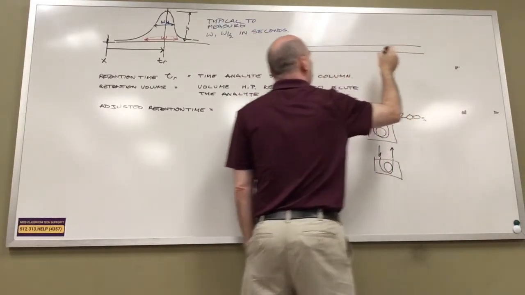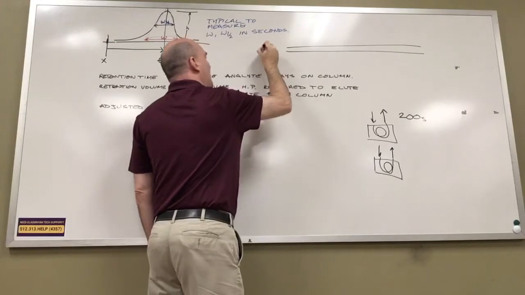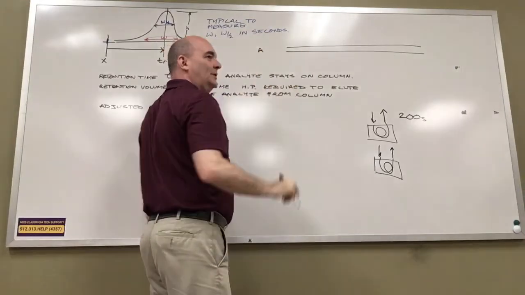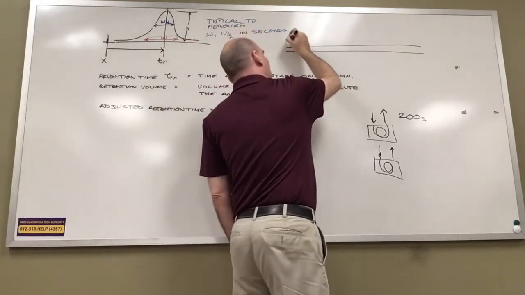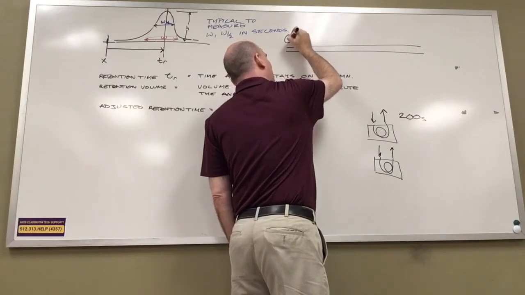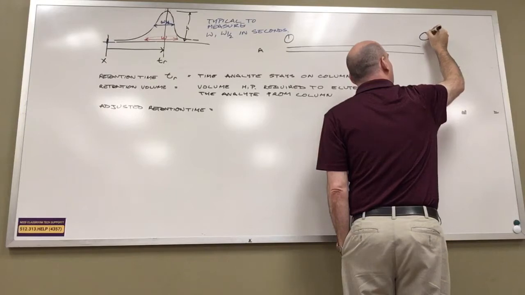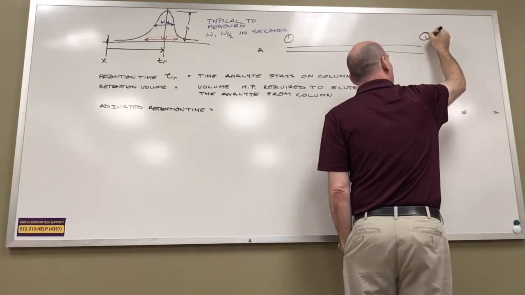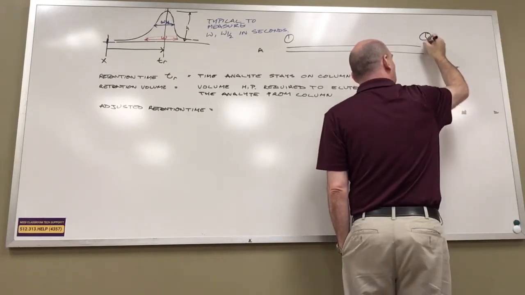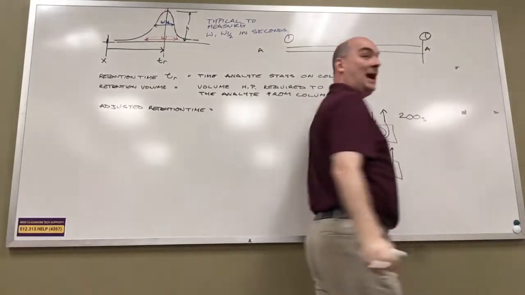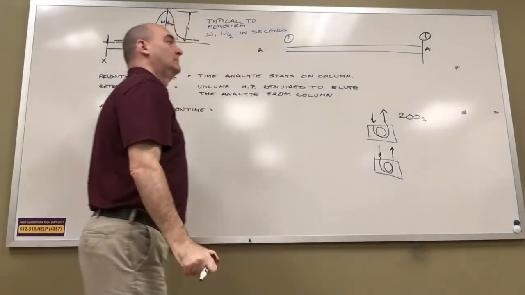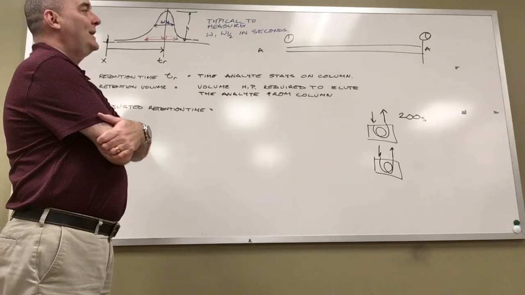If I have a tube and I put A into that tube and I start the stopwatch here and I stop the stopwatch here, when A comes out, all I have is its time.